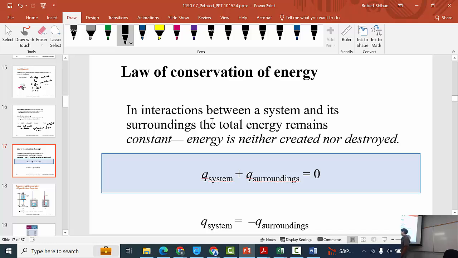So any heat that's gained or lost by the system results in heat that's lost or gained, the opposite. And so the negative just means opposite direction. So if the system's positive, the surroundings will be negative. If the system's negative, the surroundings will be positive. And so it just has to be the opposite sign. That way they add up to 0.